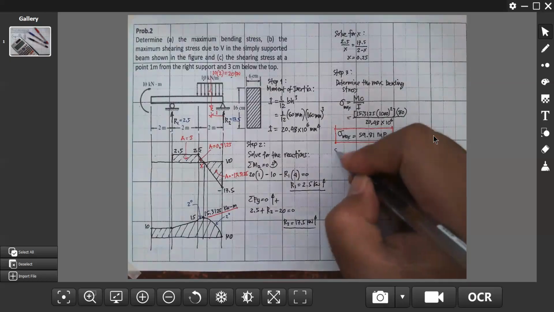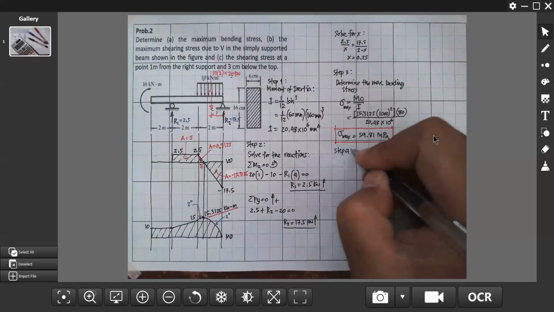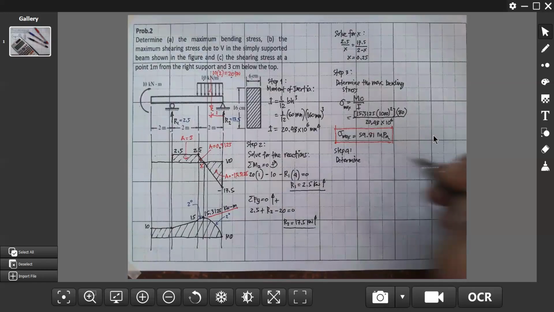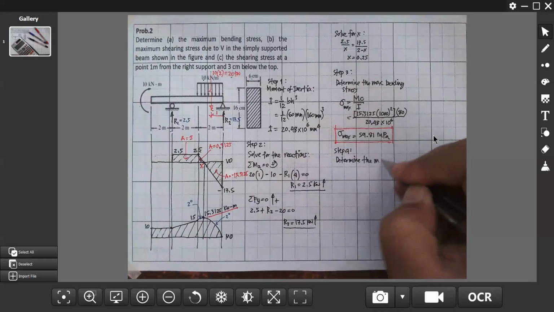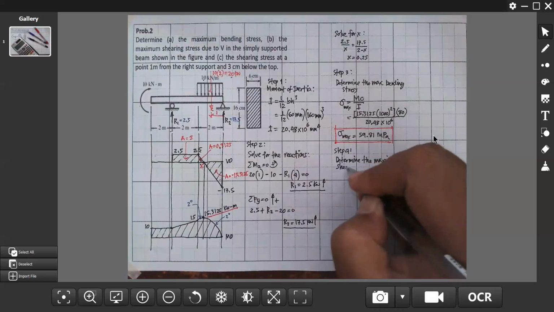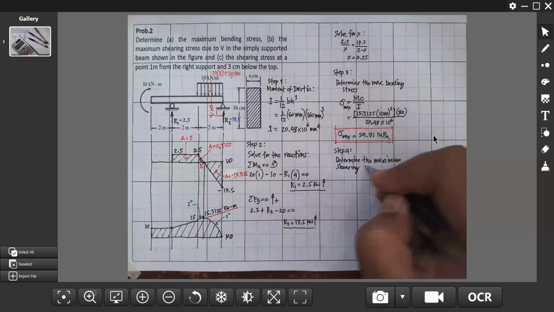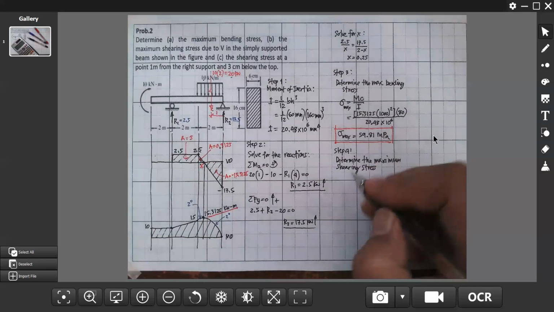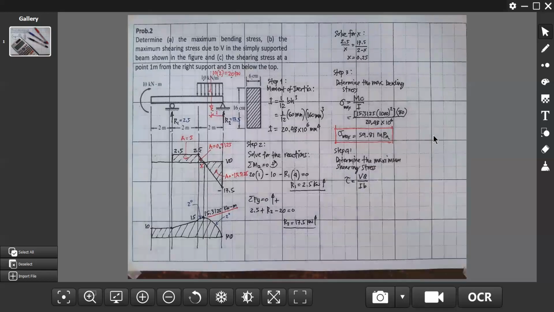Step 4. Determine the maximum shearing stress. The formula is tau equals VQ over IB.